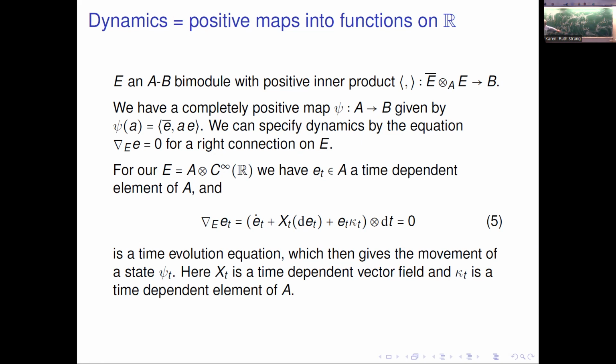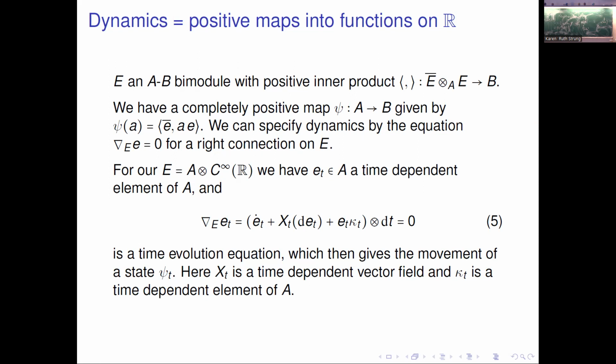A times, the left A, right C-infinity of R module, well, let's just take the tensor product by the KSGNS construction. That's good enough. So the nice thing, well, what's our connection going to be?